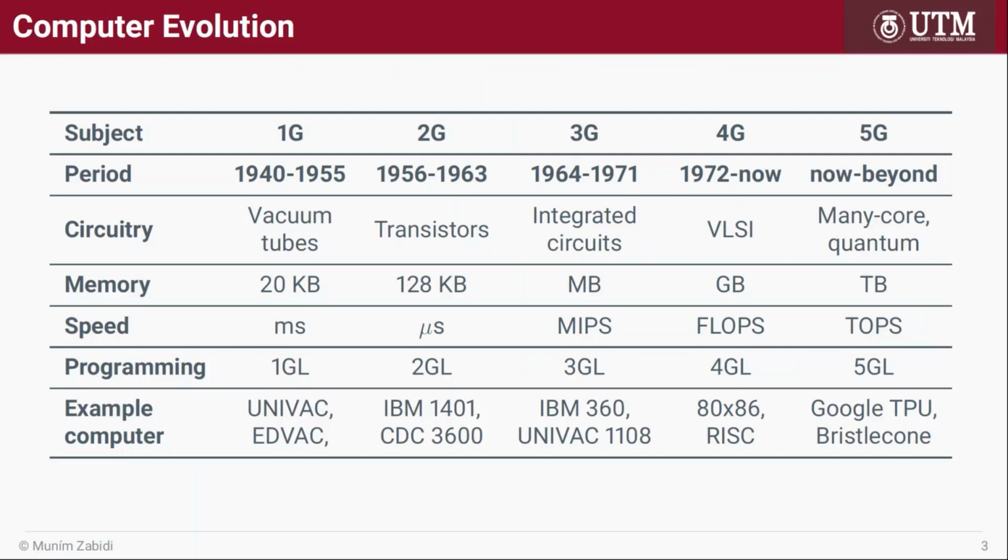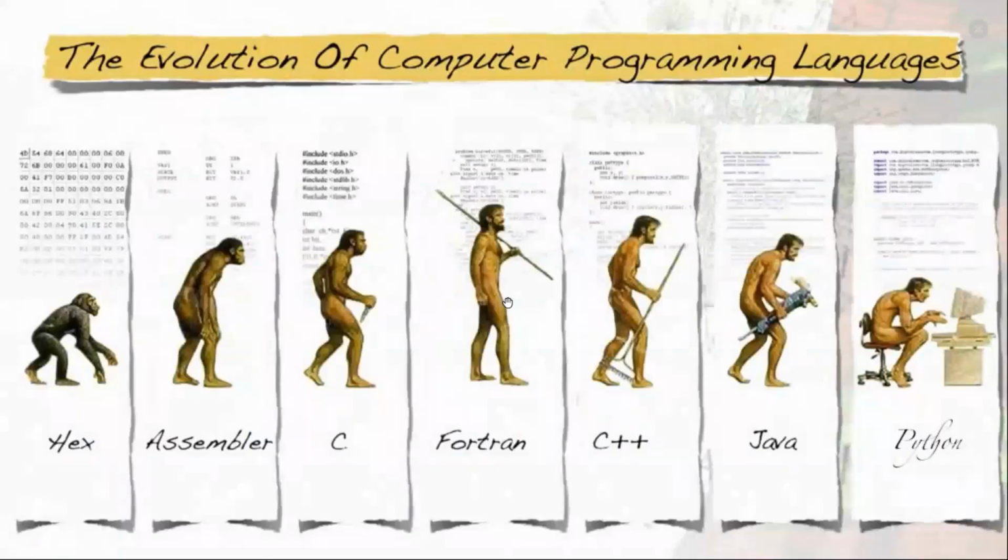Second generation programming language is assembly language, and third generation is high level language. But fourth generation and fifth generation computer languages are not that clear. So if you see people claiming fourth generation language or fifth generation language, take them with a grain of salt, meaning don't believe what they are saying. Check first.